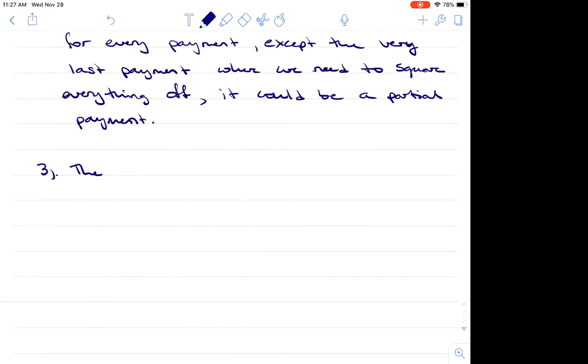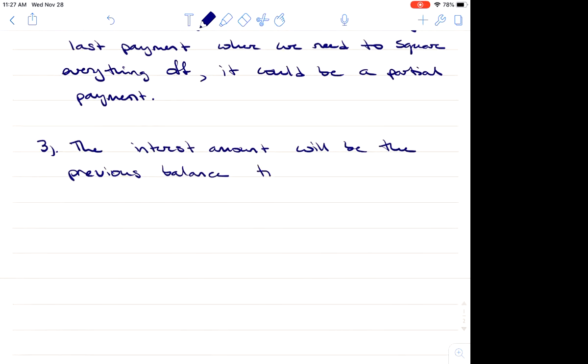The interest amount will be the previous balance times the periodic interest rate.